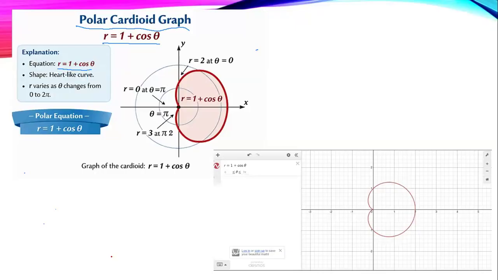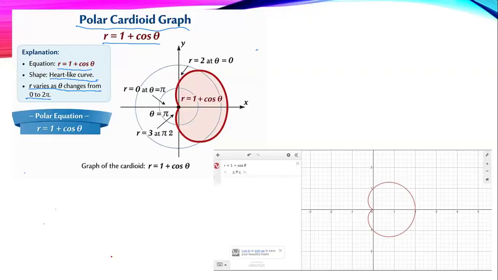The shape is going to look like a heart-like curve, and r varies as theta changes from 0 to 2 pi.